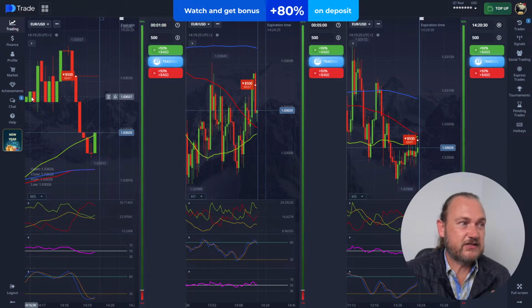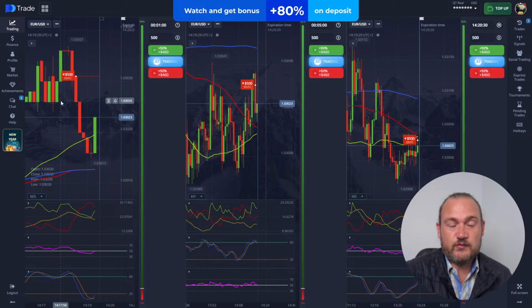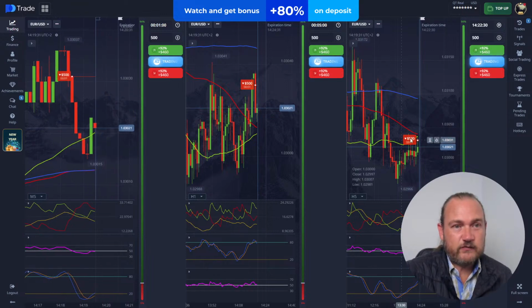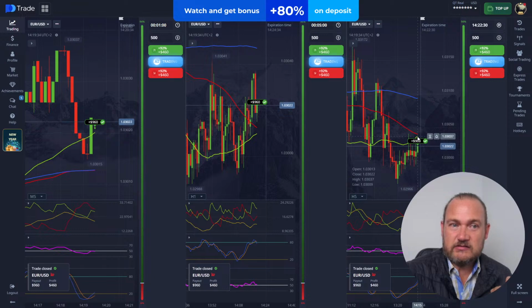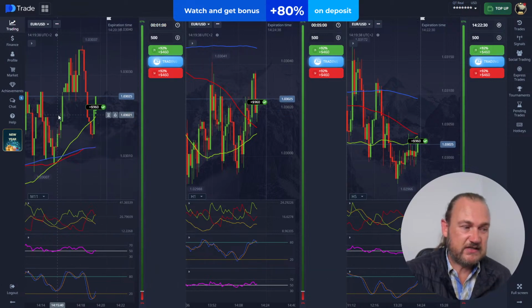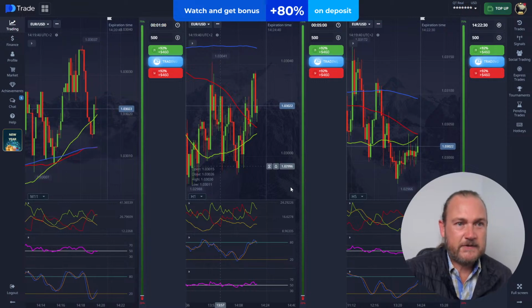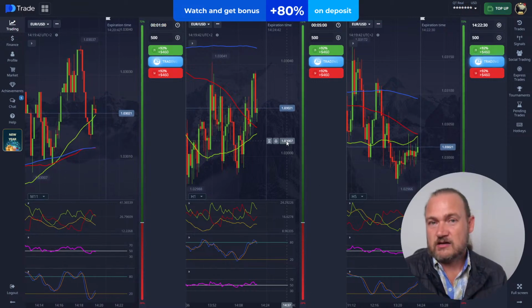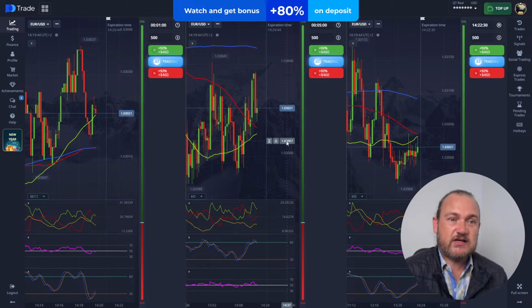If I took a 1 minute sell there, this would have been a loss for me. But I waited for us to actually hit the resistance area. I waited for my divergence to form on the 10 seconds, that little stochastic jump. And I got rewarded for the patience and waiting for my strategy to actually give me an entry.